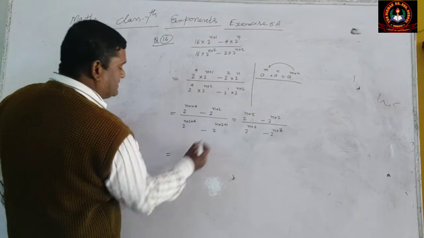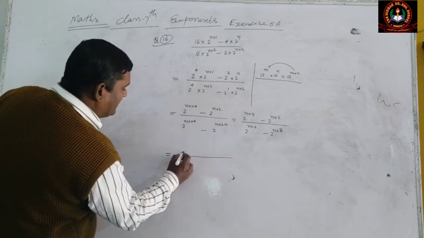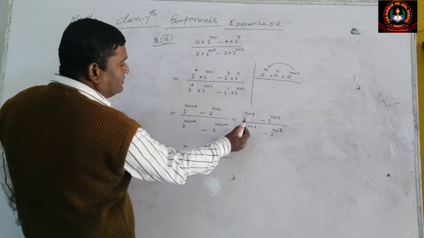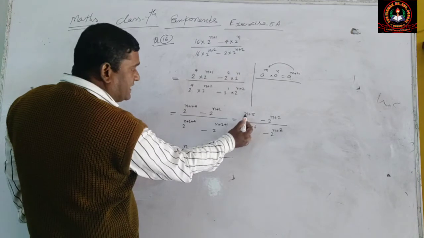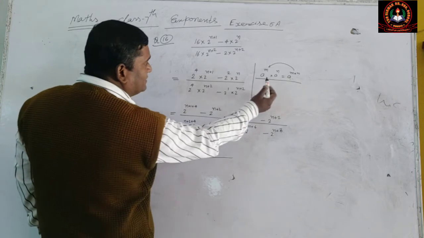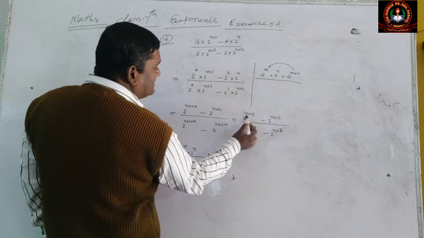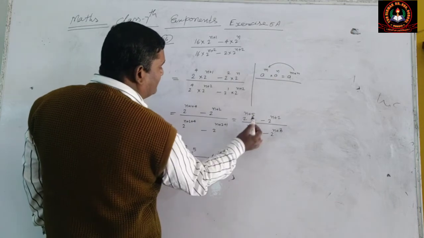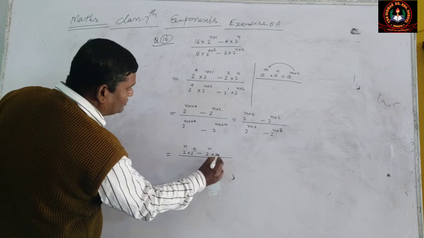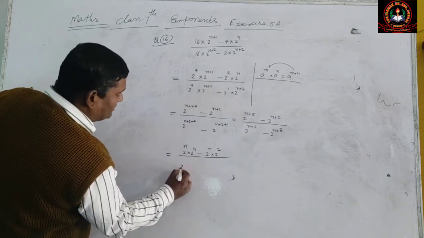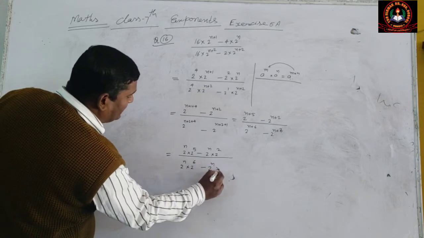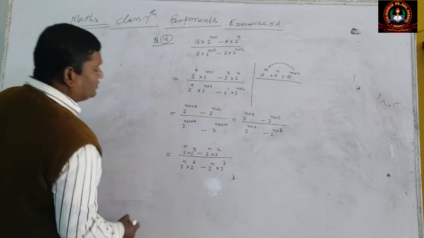Now we can write 2 to the power n plus 5 as 2 to the power n into 2 to the power 5, minus 2 to the power n into 2 square, divided by 2 to the power n into 2 to the power 6, minus 2 to the power n into 2 to the power 3, 2 cube.